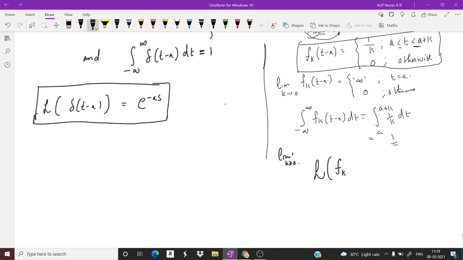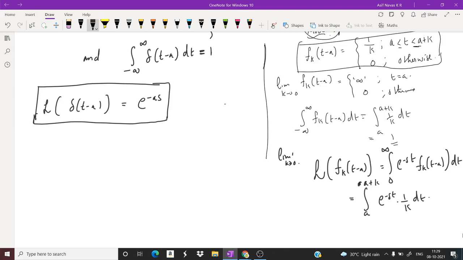The Laplace transform of f_k of t minus a is equal to the integral from 0 to infinity of e raised to minus st f_k of t minus a dt. This is equal to the integral from a to a plus k of e raised to minus st into 1 by k dt. Taking 1 by k outside, e raised to minus st divided by minus s, evaluated at a plus k.